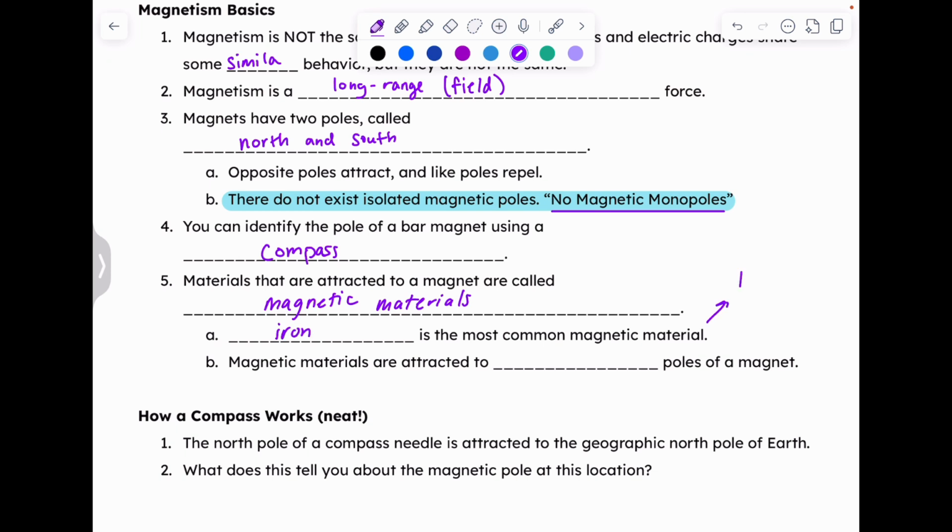Iron again is Fe, and we call that ferromagnetism. Magnetic materials are attracted to both poles of a magnet. This is how you can stick a refrigerator magnet on.